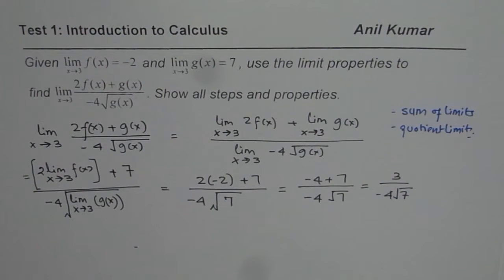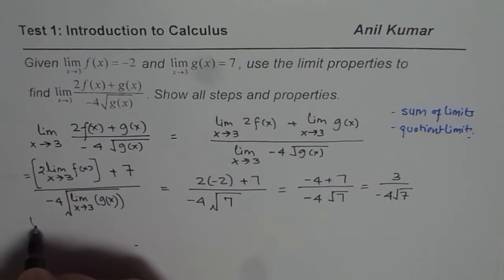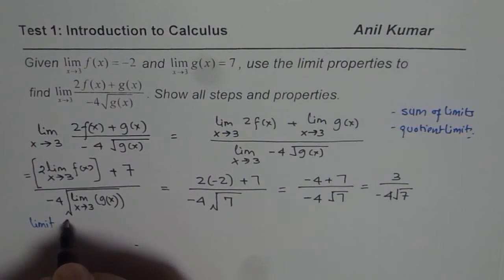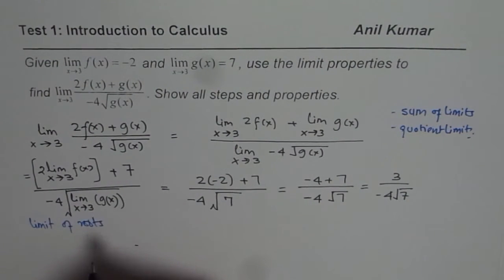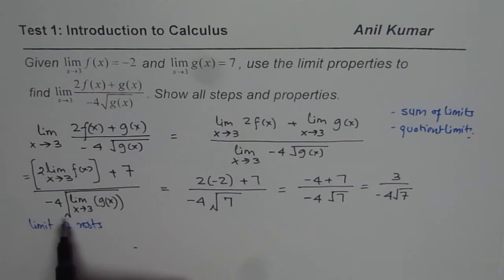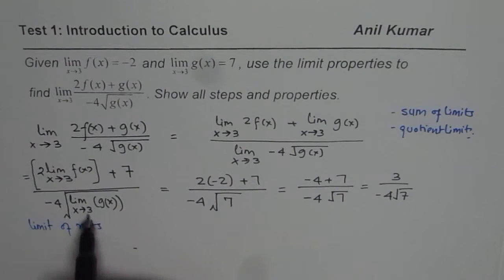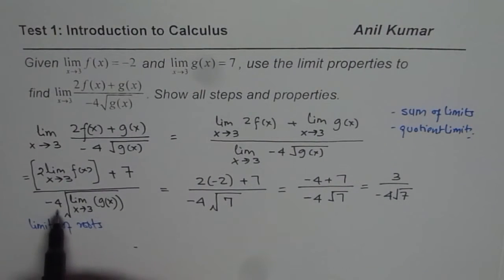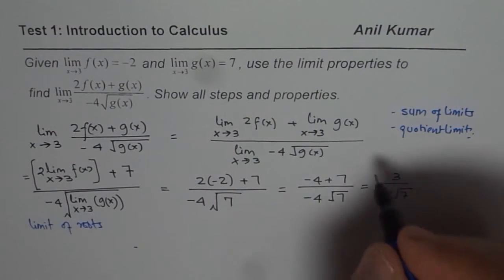Now it is very important to specify what limit property you are applying, right? So we can say, for example, here we applied the limit of roots: the limit of the root of the function is equal to the root of the limit of the function. And here we have multiplied by a constant, which I've already said.